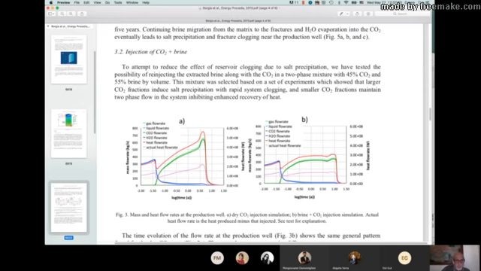However, at the beginning, let me show also the red curve. At the beginning, the red curve follows the increase in heat production because it follows the increase in water production. Now, as soon as you start producing CO2, your heat production drops.